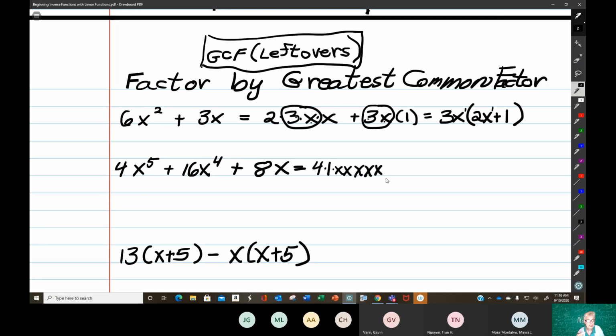So you're allowed to kind of use knowledge. Here 16 is 4 times 4, and it's going to have 4 x's: 1, 2, 3, 4. And then 8 is 4 times 2. And then there's an x.